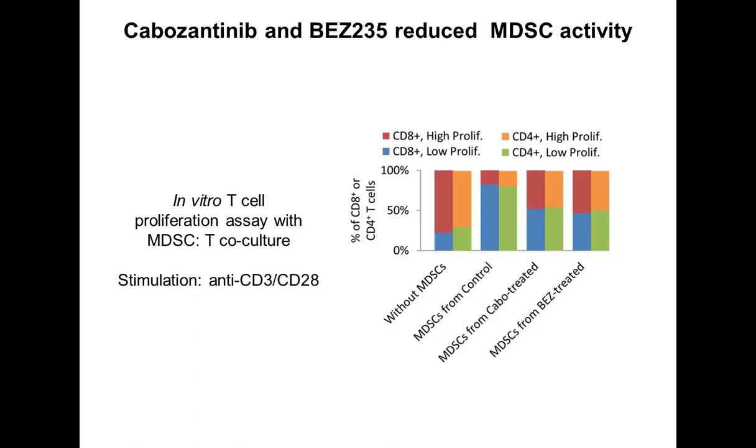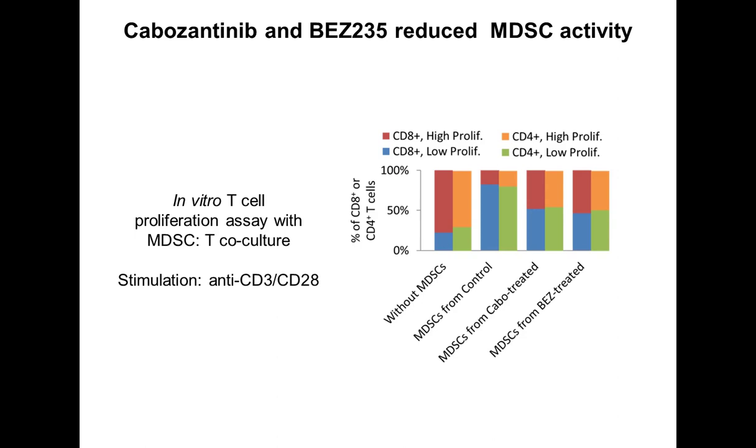So we know that cabo and BEZ can reduce the tumor MDSC infiltration, but what about their activity? So we isolated MDSCs from either the control-treated or the drug-treated mice, and then we co-cultured those MDSCs with CD4 or CD8 positive T cells, and asked what's the consequence for the T cell proliferation.